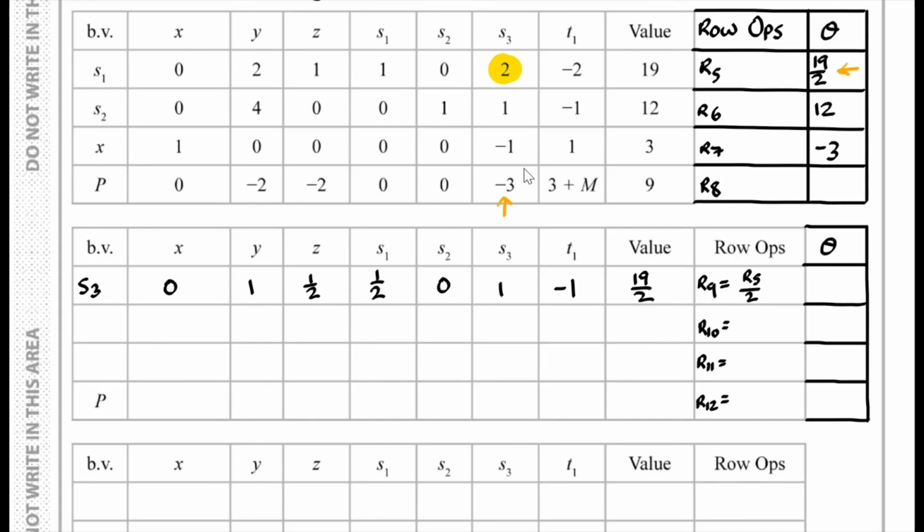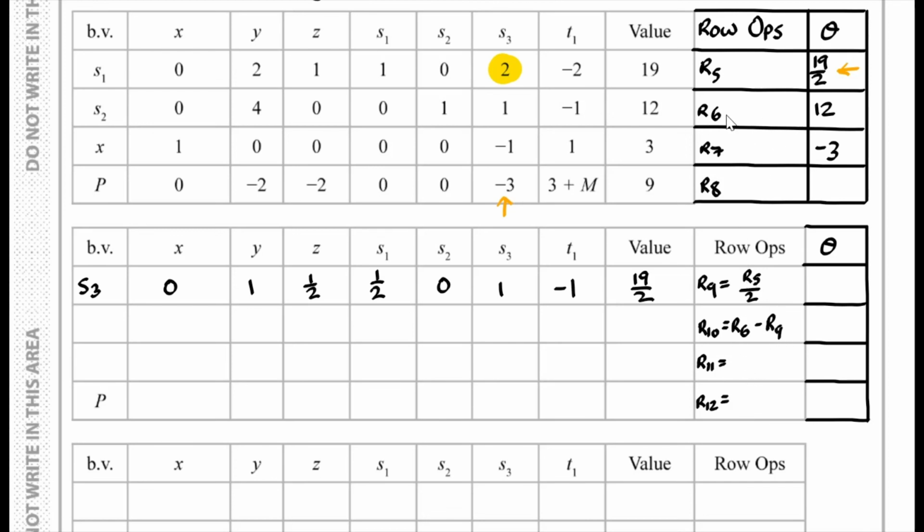Essentially we have a 1 over here, and we want these remaining elements to be 0. So for row 10, in relation to row 6, we have row 6 minus row 9. Hopefully that makes sense.